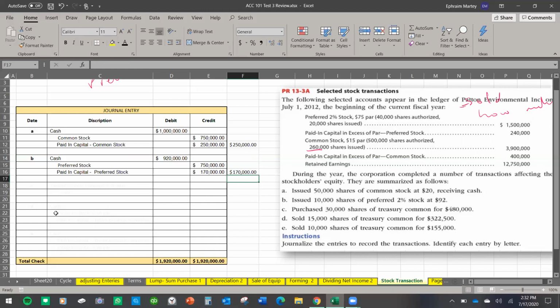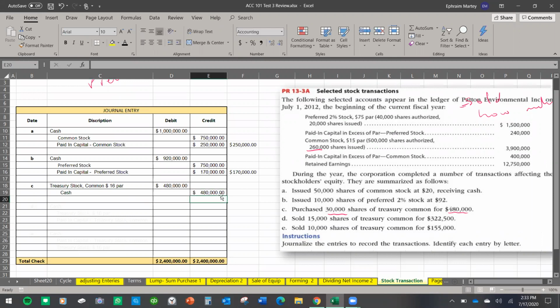Now let's move on quickly to when you purchase treasury stock. In this case, the company is buying treasury stock. I have the 6 in there, but I'll explain really quickly. We purchased 30,000 shares for $480,000. So I'm going to put my 480,000 here for cash.